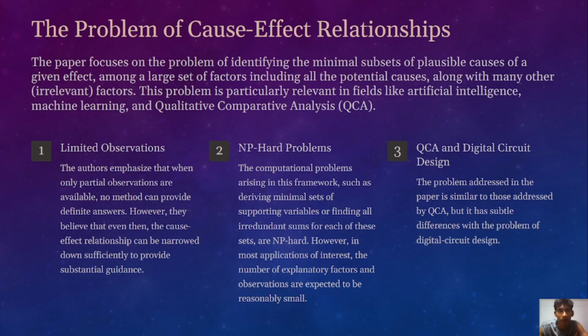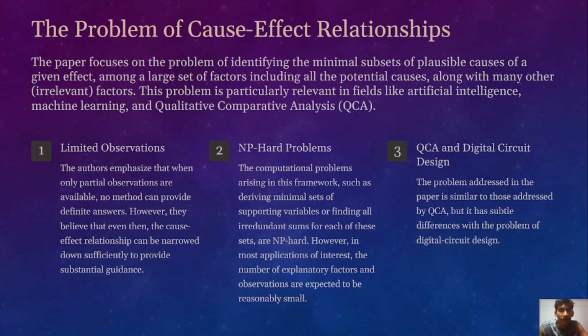The problem of cause-effect relationships. The paper focuses on the problem of identifying the minimal subsets of plausible causes of the given effect among a large set of factors, including all the potential causes along with many other factors. This problem is particularly relevant in fields like artificial intelligence, machine learning, and qualitative comparative analysis.